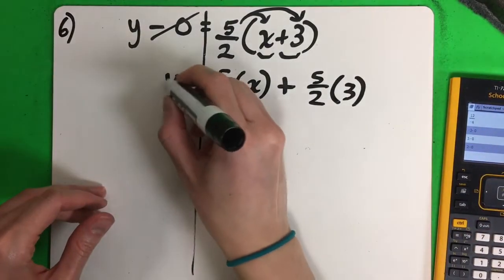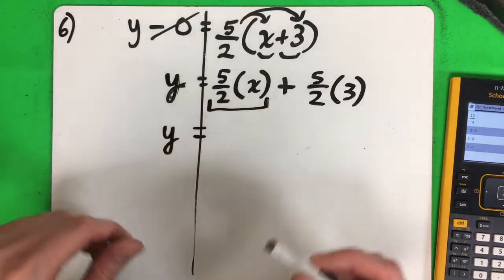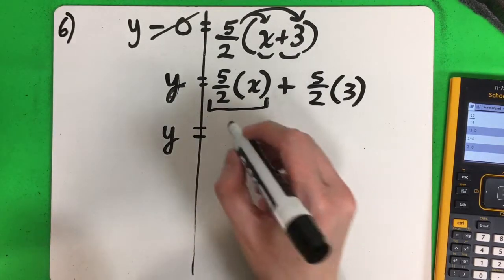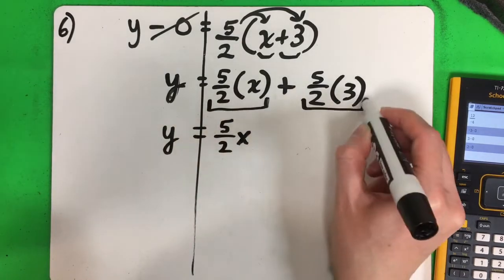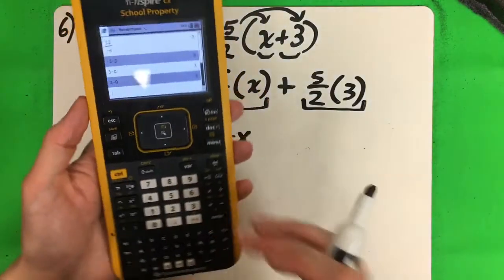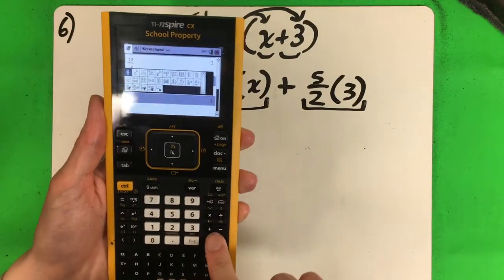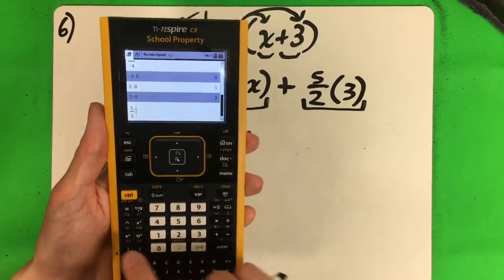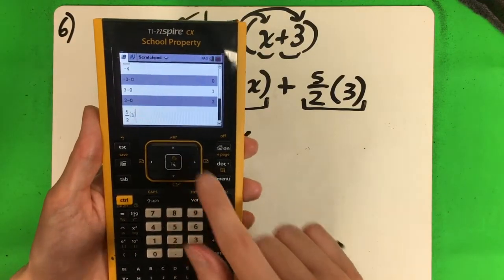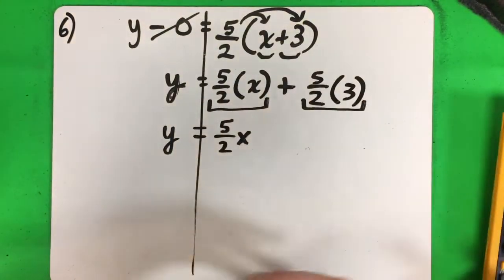Okay, so we're going to go ahead and copy y equals 5 halves times x is 5 halves x, and then 5 halves times 3. So let's go ahead and put that in the calculator. So I'm going to make a fraction here. 5 up, 2 down, go to the right, parenthesis, 3, parenthesis, enter, and I get 15 halves.